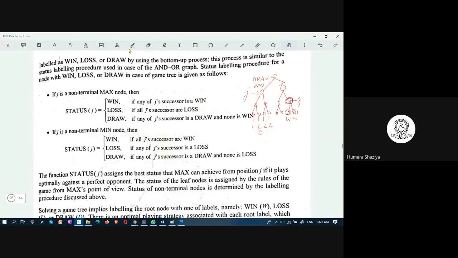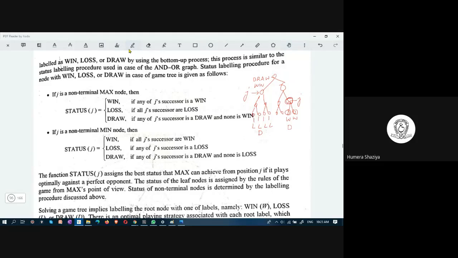If any of J's successors is a loss, even one, it means that J is a loss. Draw: if any of J's successors is a draw and none is a loss.